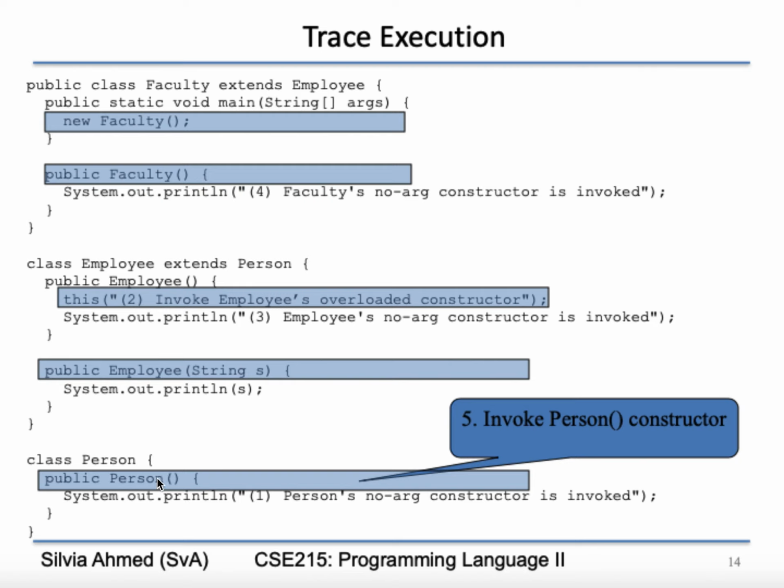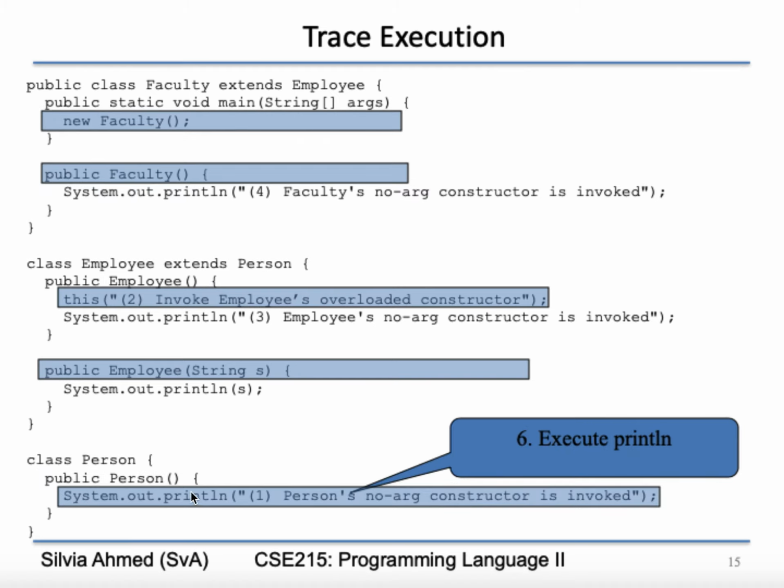Now, since Person is a standalone class, it's not a subclass of anything, so it will actually do the println line, and it will print this statement: 1. Person's no-argument constructor is invoked. After this execution, it will go back where it was called from.